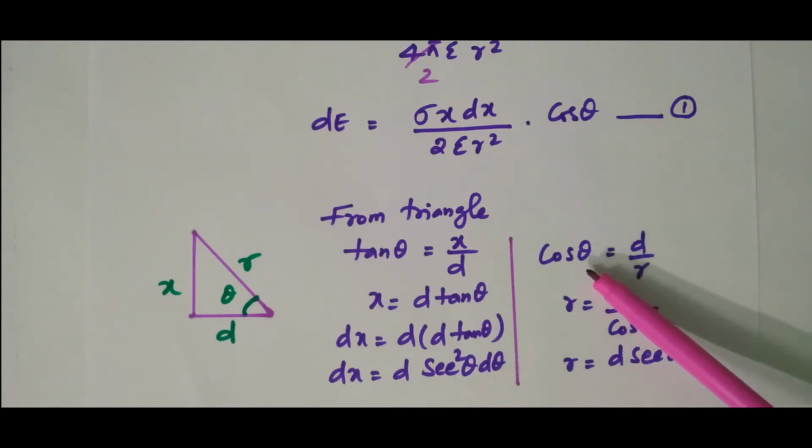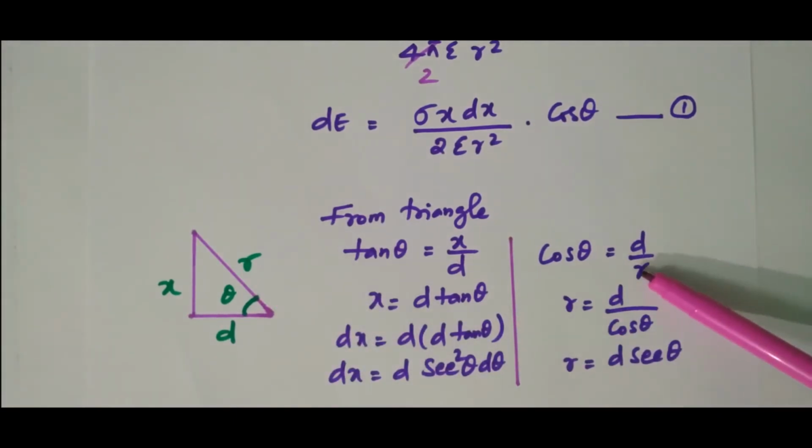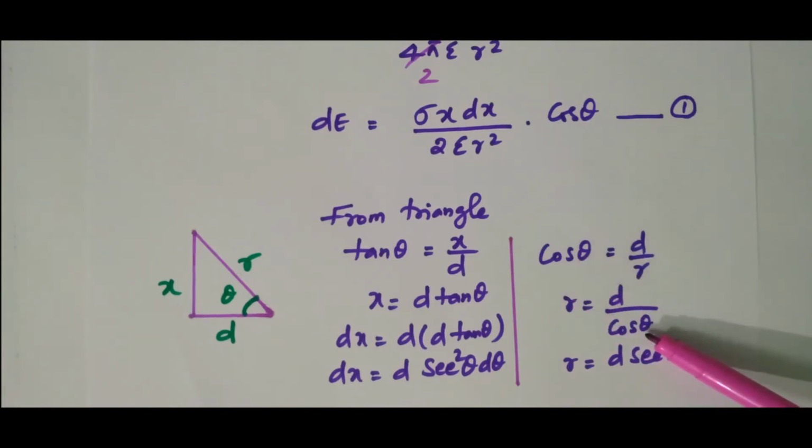Now we can go with cos theta. Cos theta equal to adjacent side by hypotenuse, so d divided by r. We cross multiply, exchange these two values. So r equal to d by cos theta. So r equal to d secant theta, since 1 divided by cos theta is secant theta. Now we got the expression for r also.